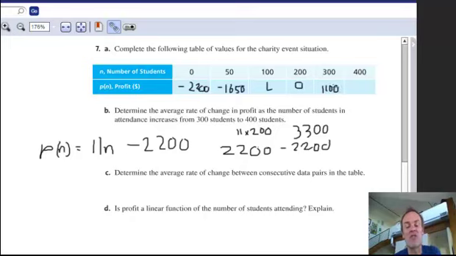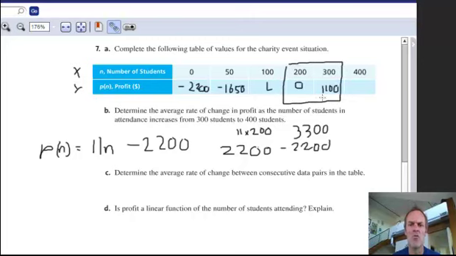Now the average rate of change between consecutive data pairs in the table is, remember, just the difference in the y's, which is the profit, over the difference in the x's, which is n in this case. Remember this? That's the x, that's the y. So I'll use these 2 points here to make it easier.